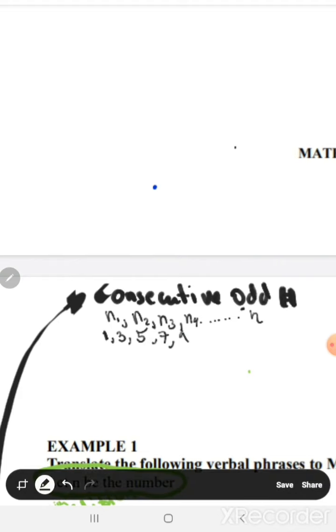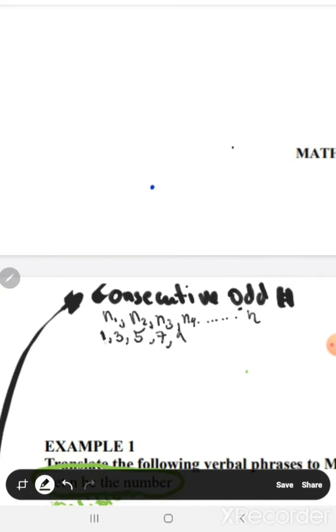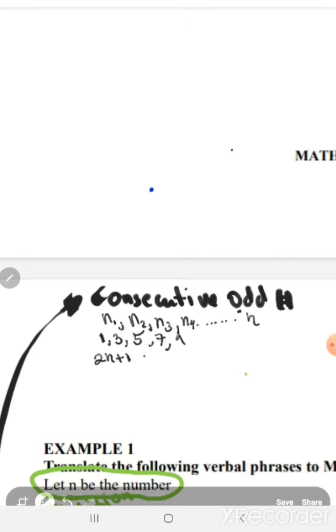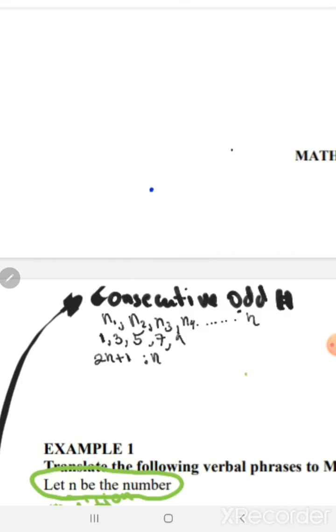I may say that this will be my first term, second term, third term, fourth term, fifth term. But our formula for this odd number is equal to 2n plus 1, letting our first term n sub 1 be equal to 0. Okay?